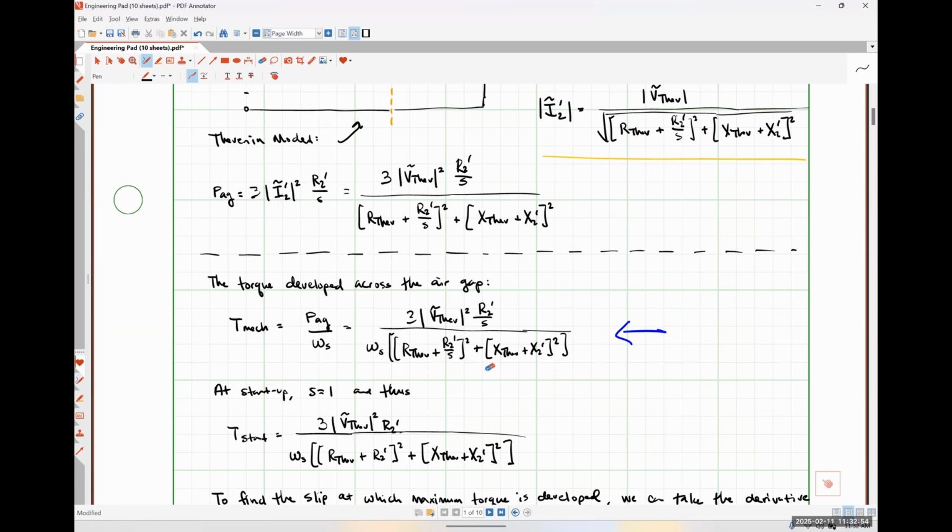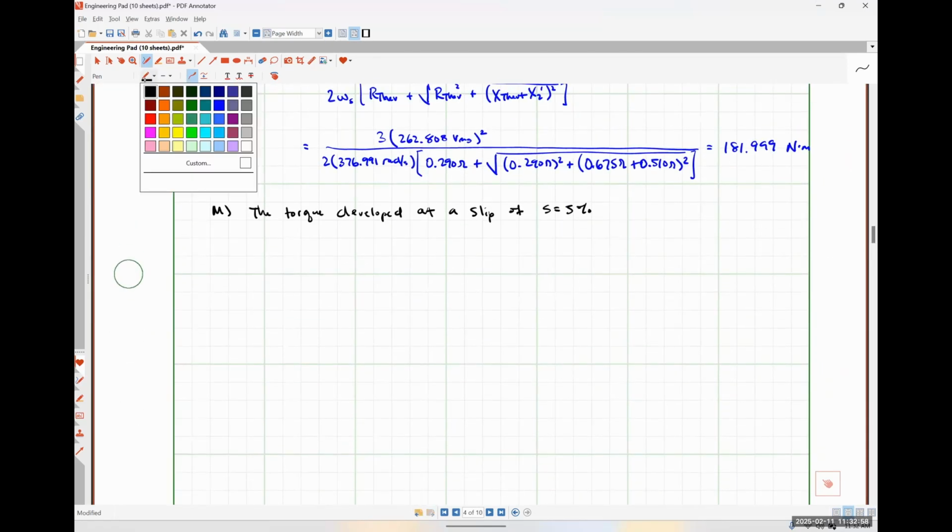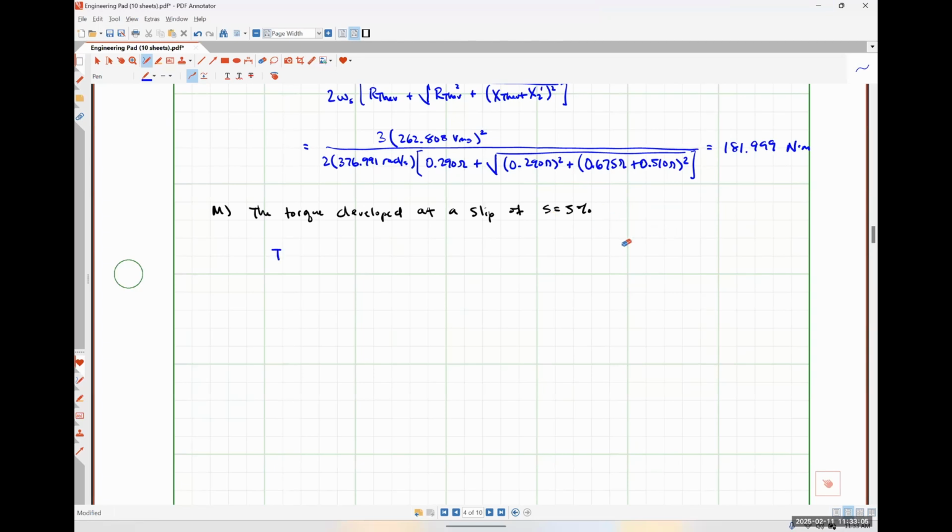So that would look, scrolling all the way back down here, an extra 0. I'm explicitly doing it in this new part M that Nick requested for a slip of 5%, just so that we can have an example of this calculation.